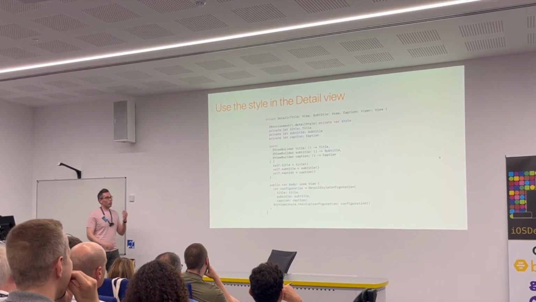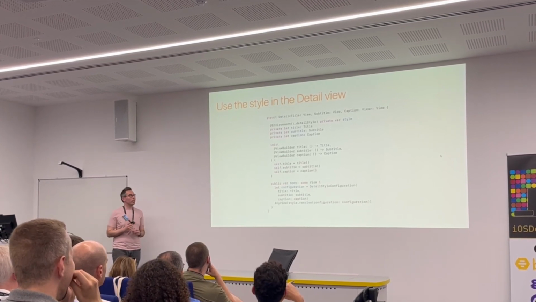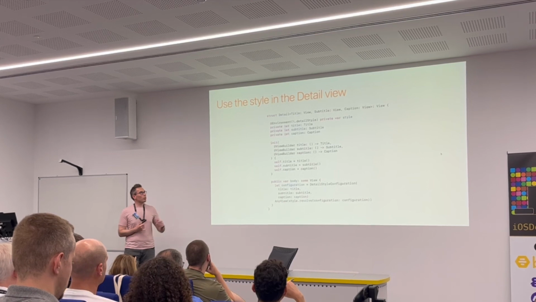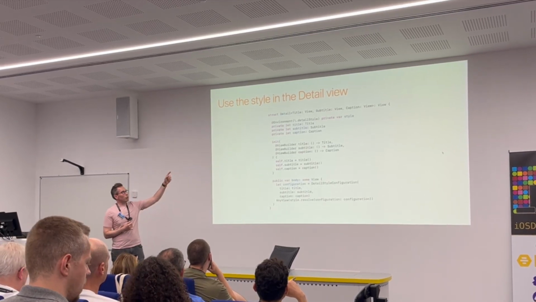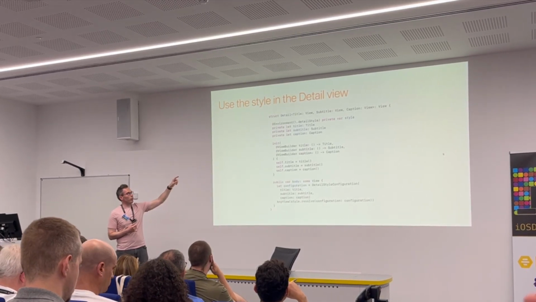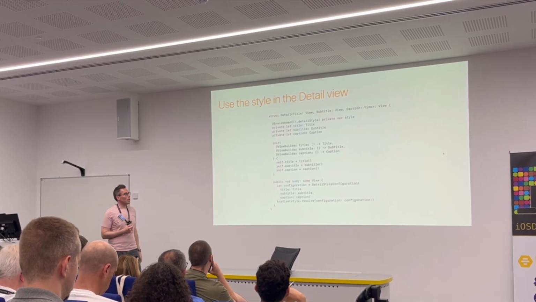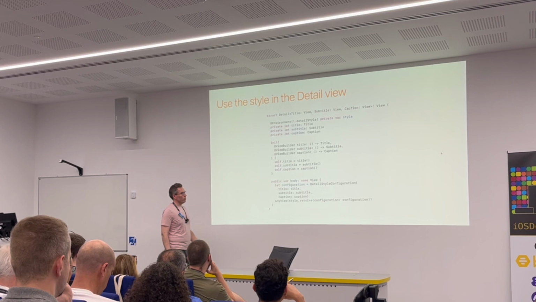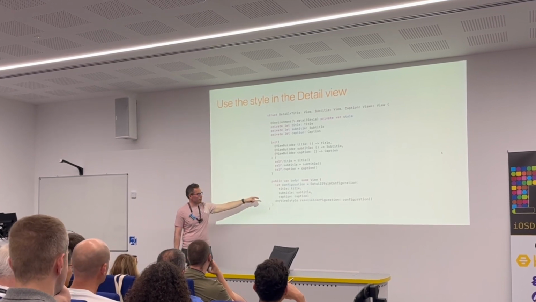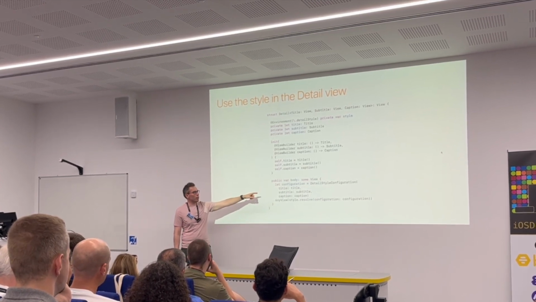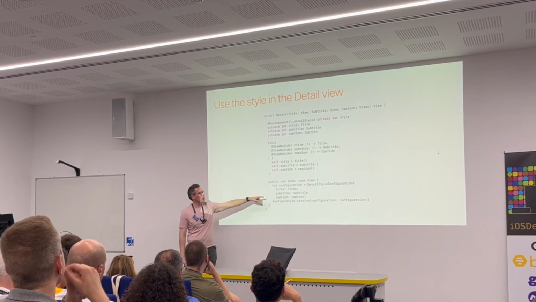So now we've got all of the building blocks in place to create a detail style. We can propagate it through the environment, which means that in the detail type that we wrote, we can add an environment property at the top for the detail style, and at the bottom, instead of putting it in a VStack, we can create a detail style configuration using our 3 views.